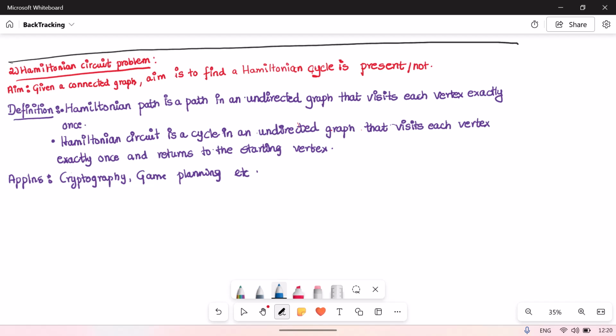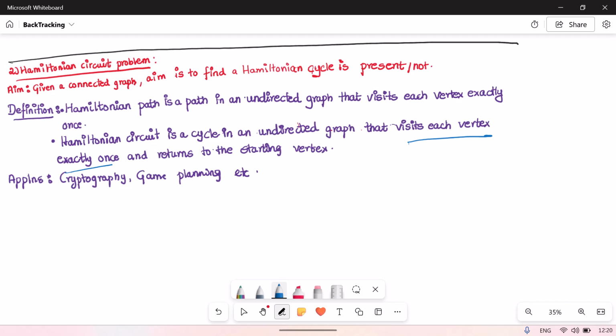Hamiltonian path is a path in an undirected graph that visits each vertex exactly once. And Hamiltonian circuit is a cycle in an undirected graph that visits each vertex exactly once and returns to the starting vertex. I will explain this with the help of an example and see the real life application.